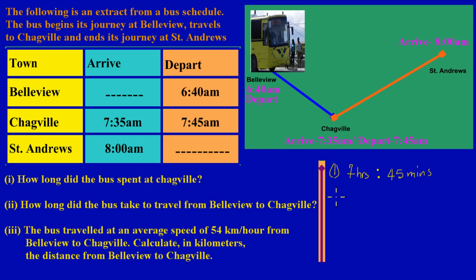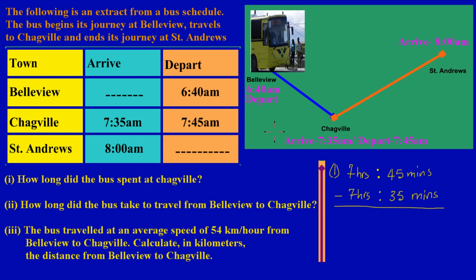And I could simply subtract from that the time that the bus arrived, so I'm subtracting 7 hours and 35 minutes to calculate the time spent. Let's draw our line and subtract.